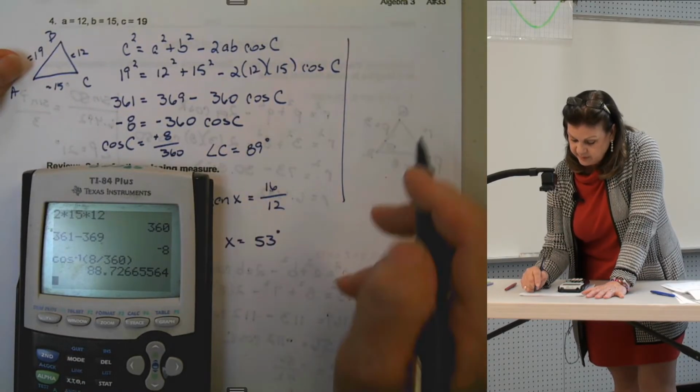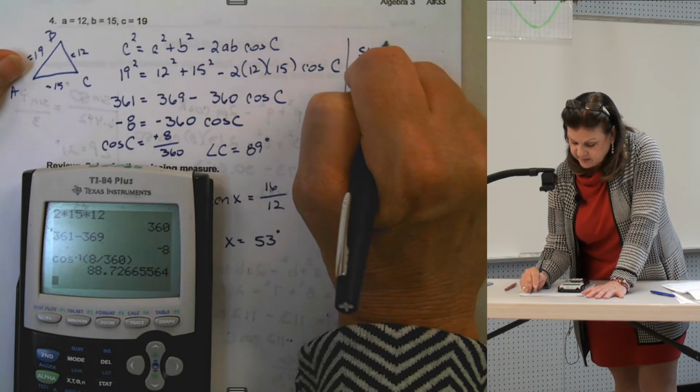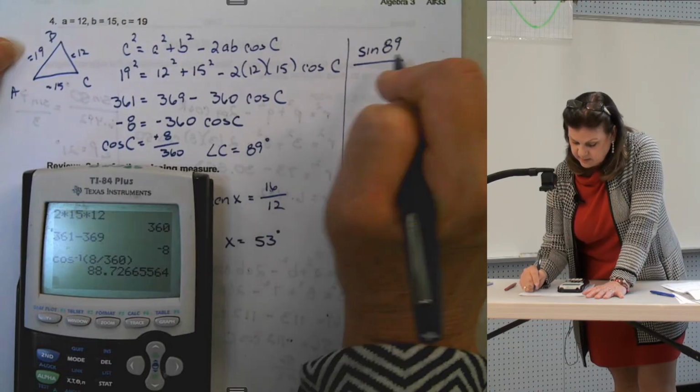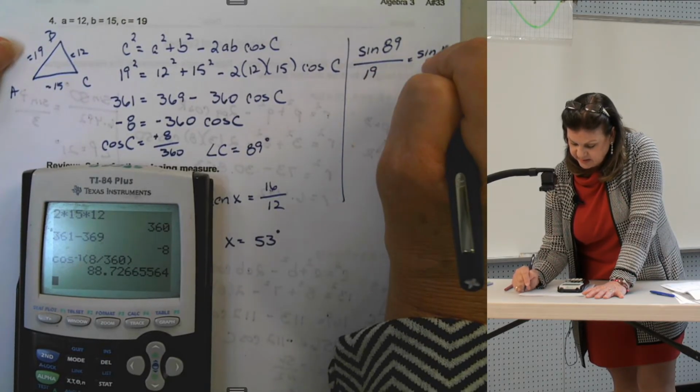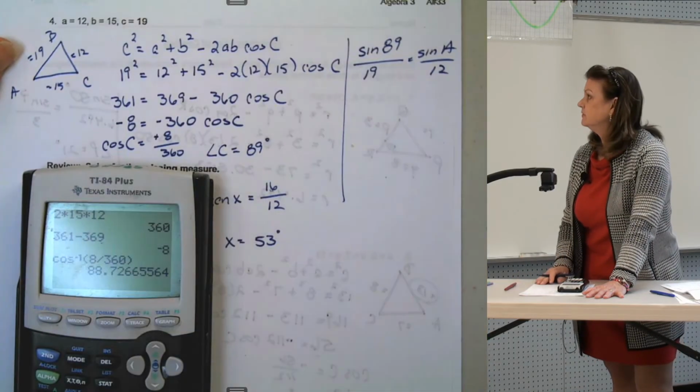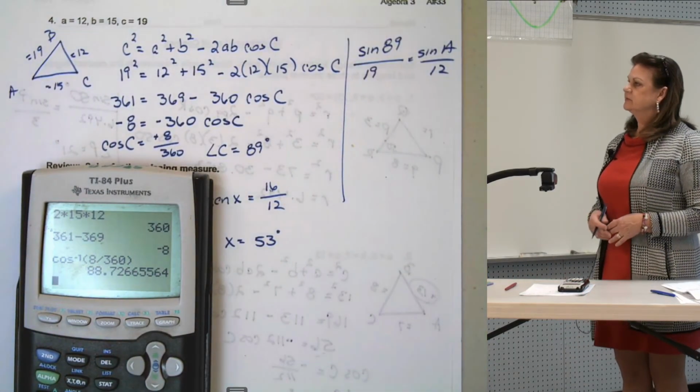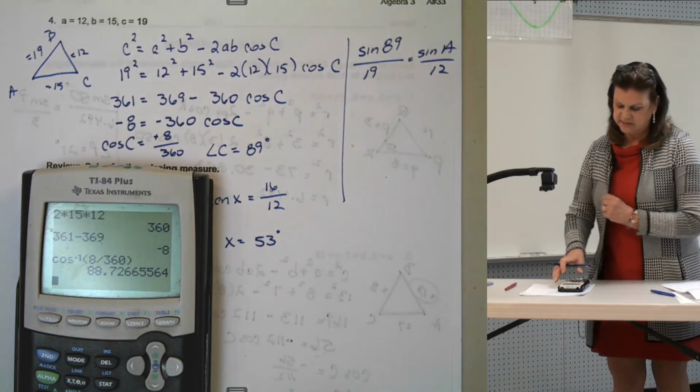Pretty straightforward. Now sine 89 over 19, sine A over 12. I know there's no chance it's going to be obtuse, but still, I go with the smallest side when I do this.